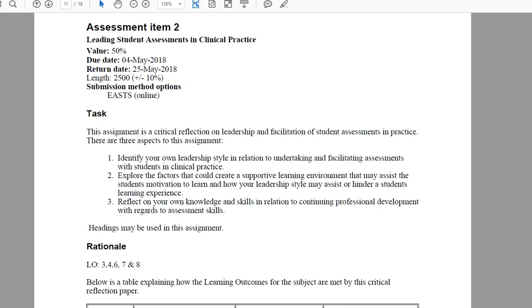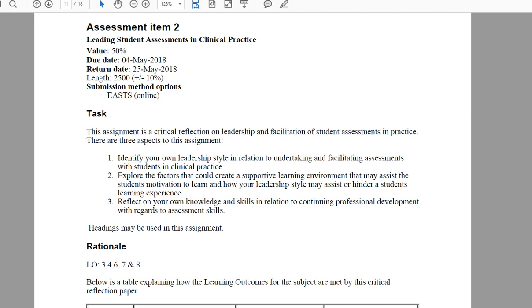clinical practice. So you might say you're an authoritarian leader, and there will be particular issues that are going to be a problem for that.